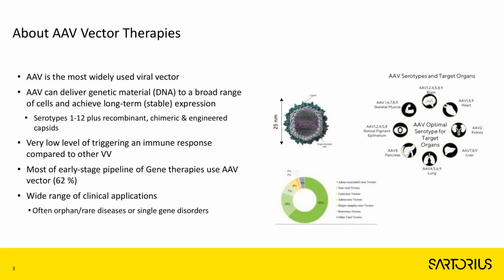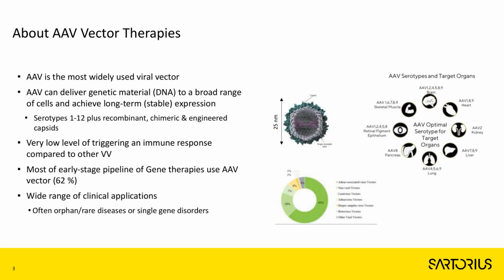It can deliver genetic materials such as single-stranded DNA to a broad range of cells and achieve long-term and stable expression. It's also interesting because it doesn't replicate by itself, and that's why it's an adeno-associated virus, and it comes in many different serotypes that have different surface characteristics and different target organs, respectively.